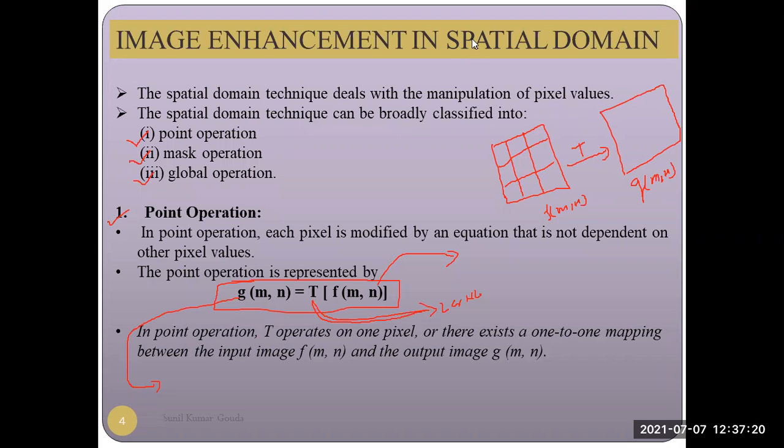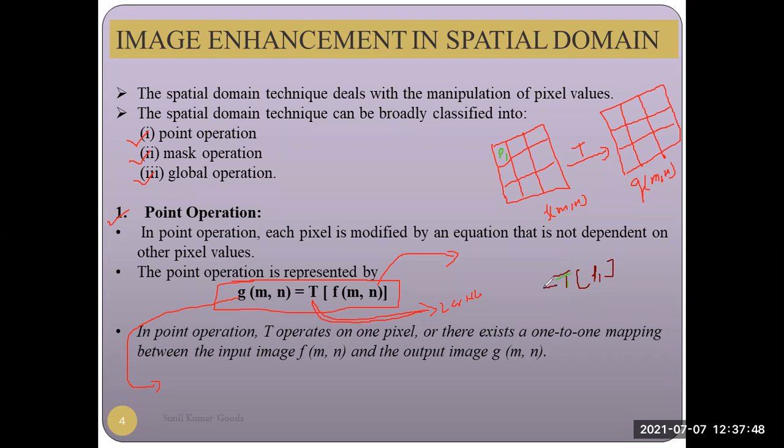Let me show this pixel. If I say I'm performing this T operator, it will perform on each pixel. Now suppose this is pixel P1. It will perform T upon pixel P1.